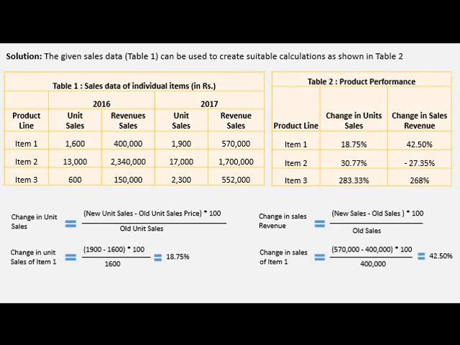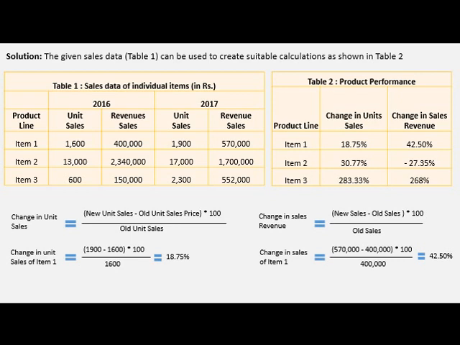Next, let's look at the change in unit sales and change in sales revenue. The change in unit sales can be calculated as new unit sales minus old unit sales multiplied by 100 to express it in percentage terms, divided by old unit sales.